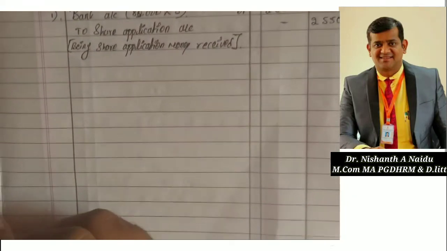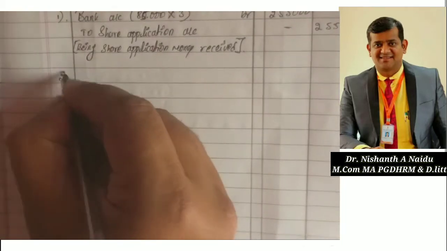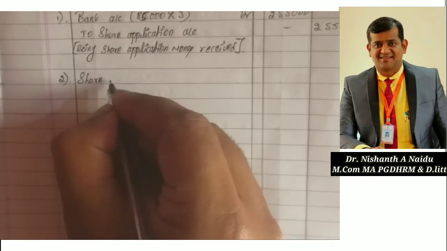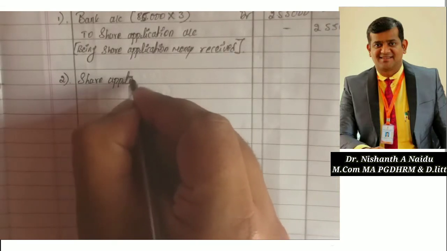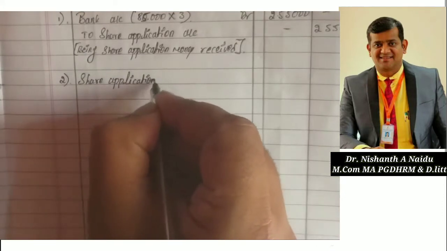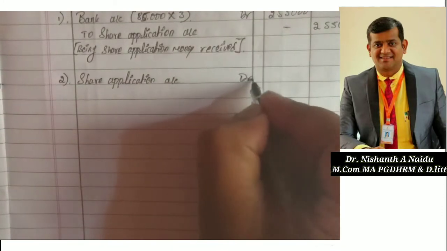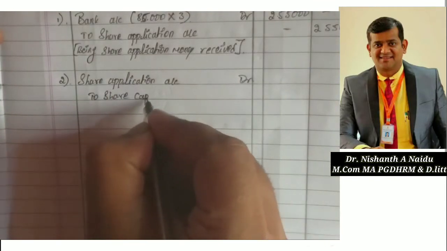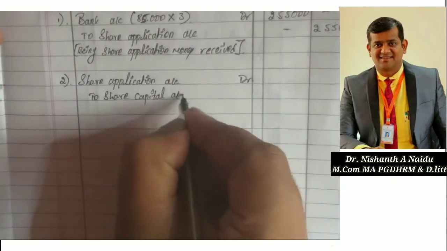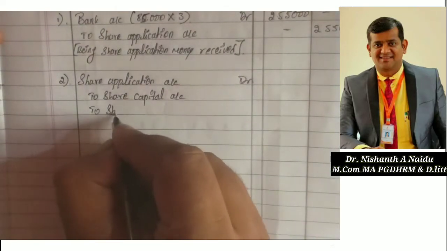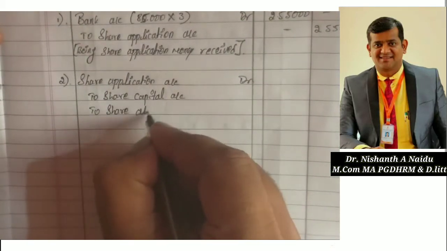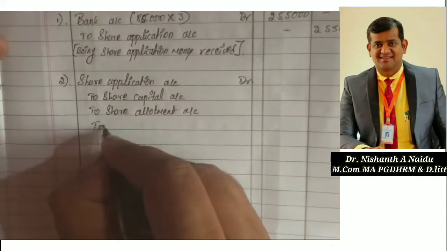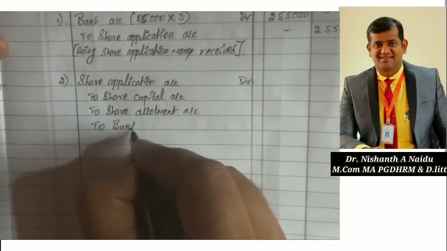Okay, so the second entry is transfer entry. So write down share application account debtor to share capital account, to share allotment account, to bank account for the rejected amount.